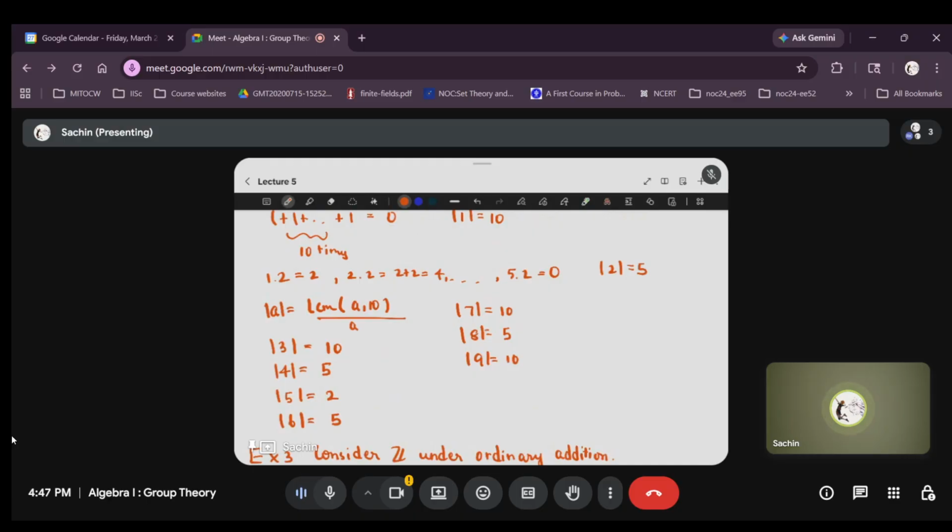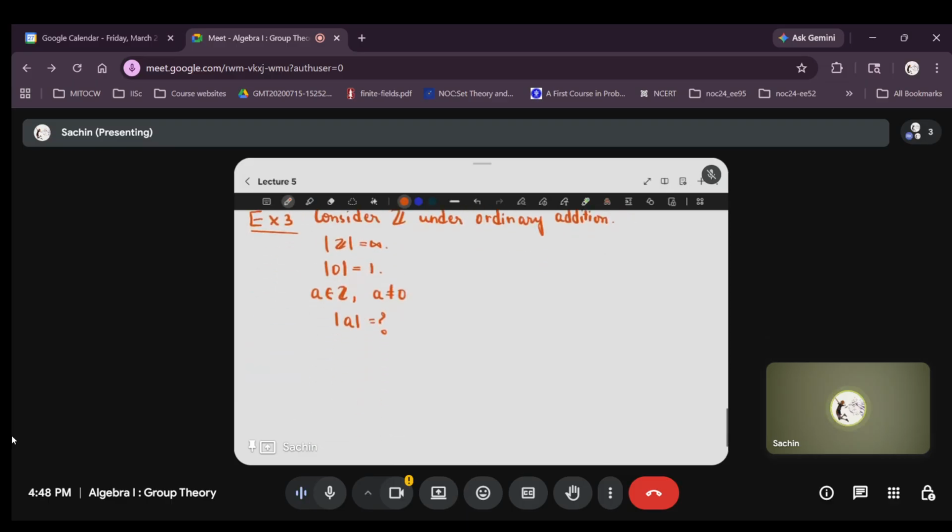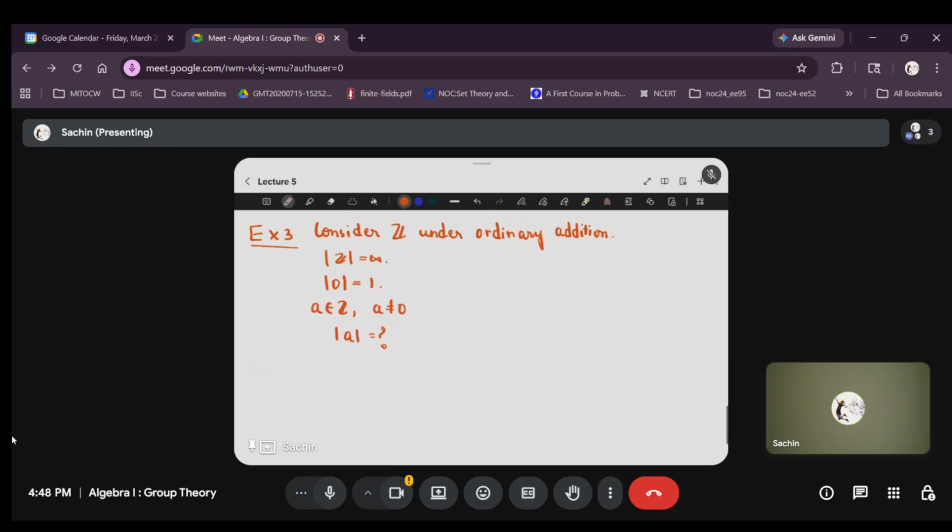But 5 plus 5 plus 5 plus 5, which is 5 added 4 times, is also 0. And 5 added 6 times is also 0. So all those will be 0. That's why we are looking for the smallest integer such that you add the same number again and again. So here also you have to add the integer to itself and then try to get the identity.